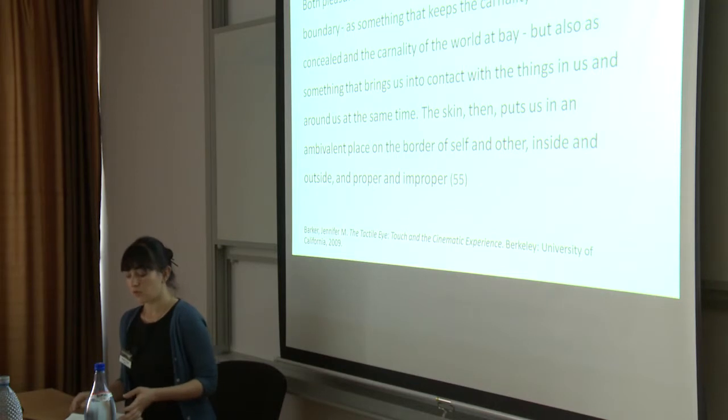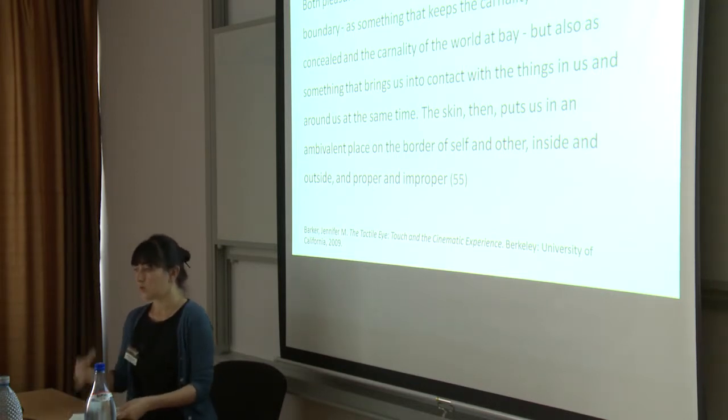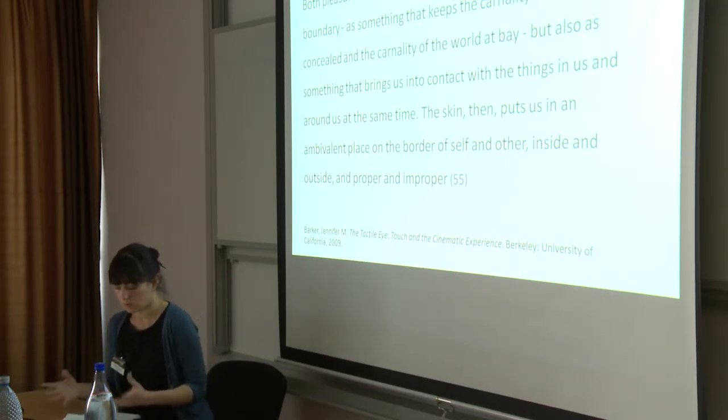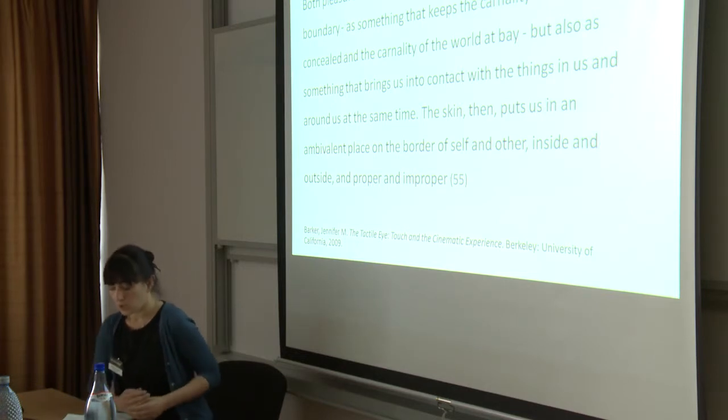So let's start off from a short look at skin. Human skin is the subject of many discourses. As an outside layer of the body, it is an object of interest of both science and humanities.